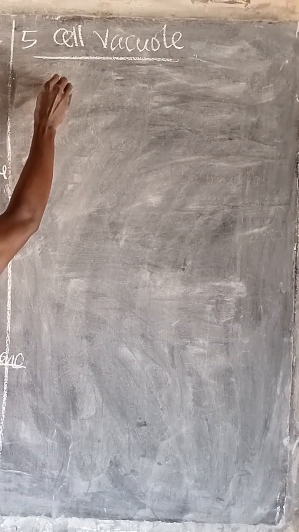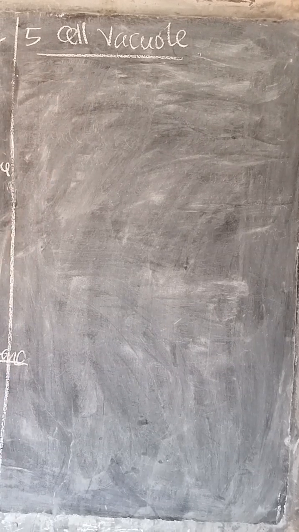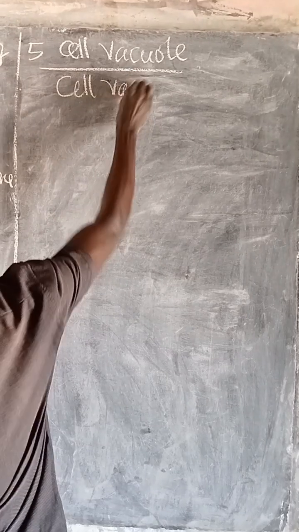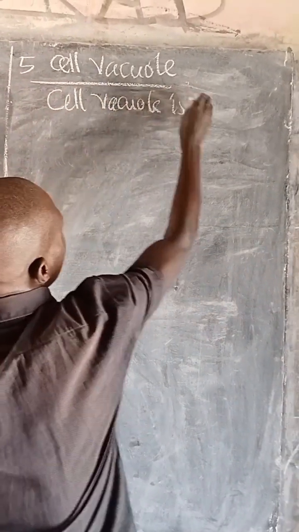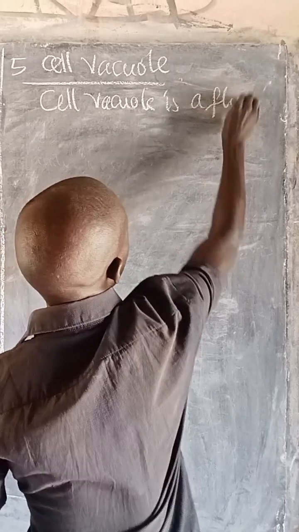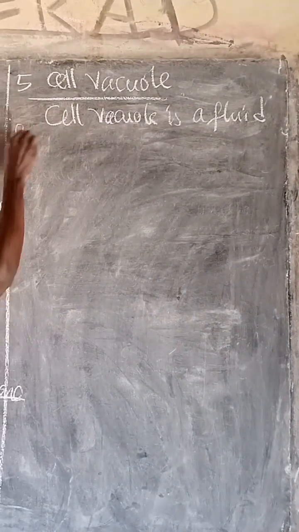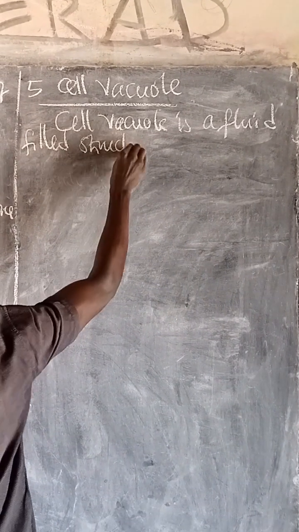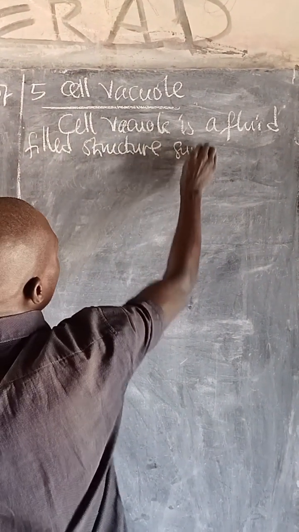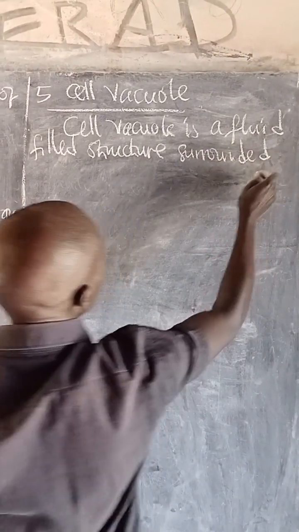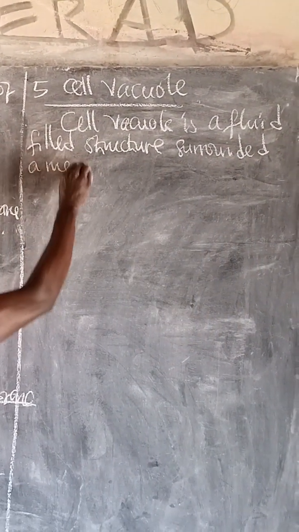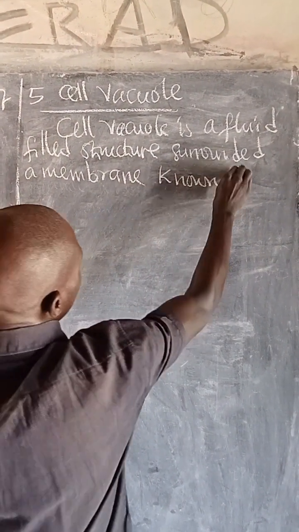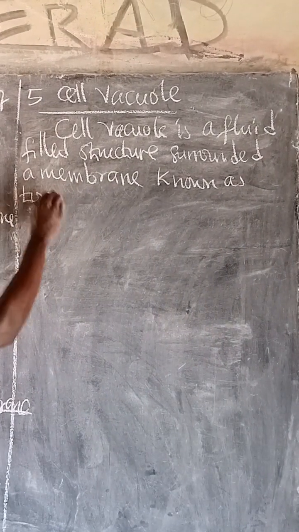Now, this cell vacuole plays an important role in the cell. It is a fluid-filled structure surrounded by a membrane known as the tonoplast in the plant cell.